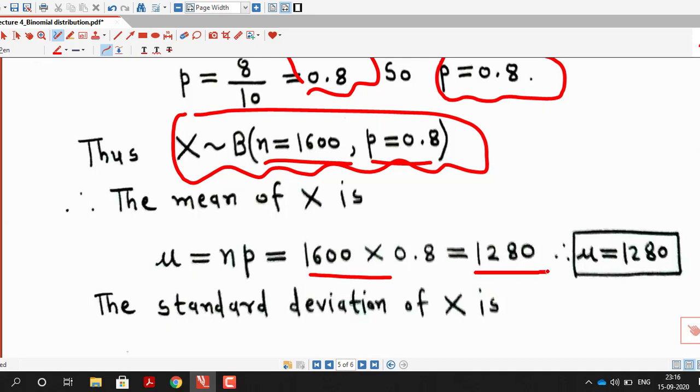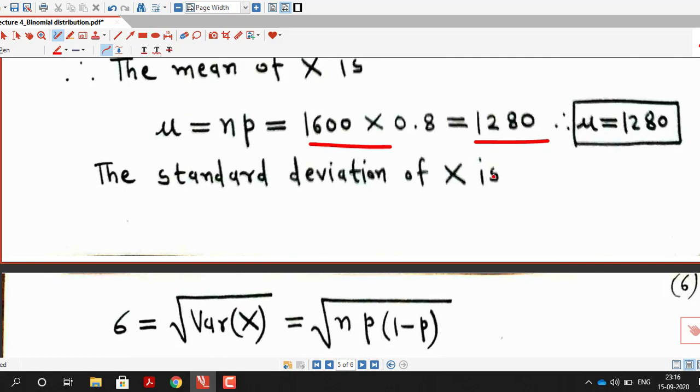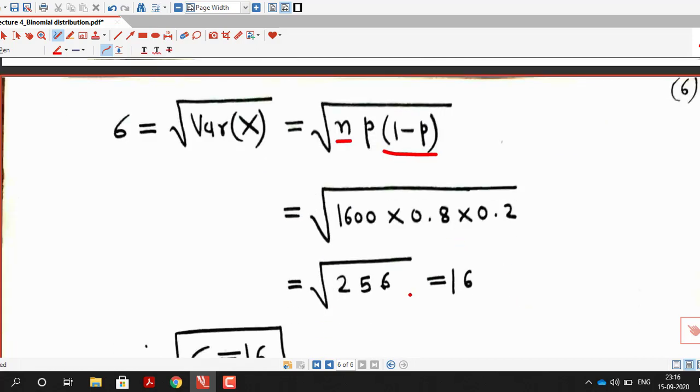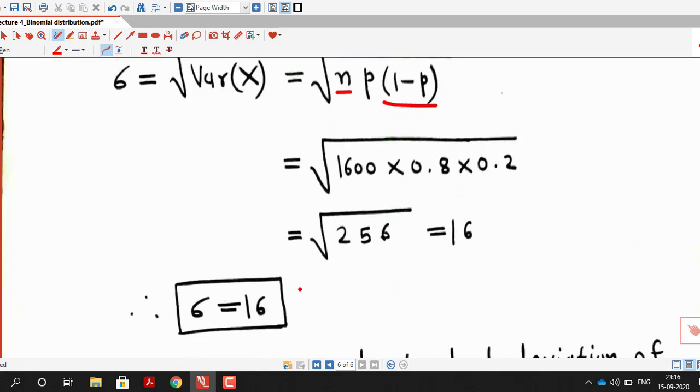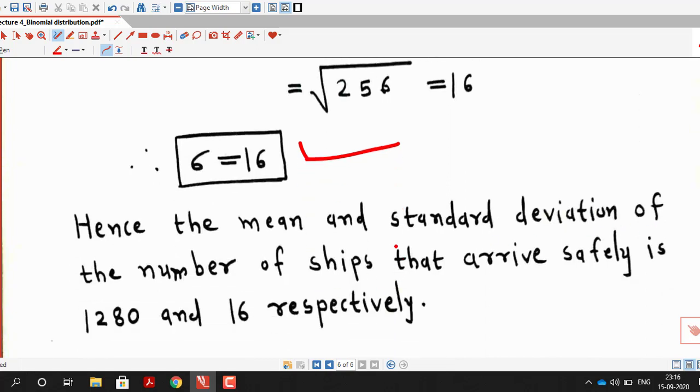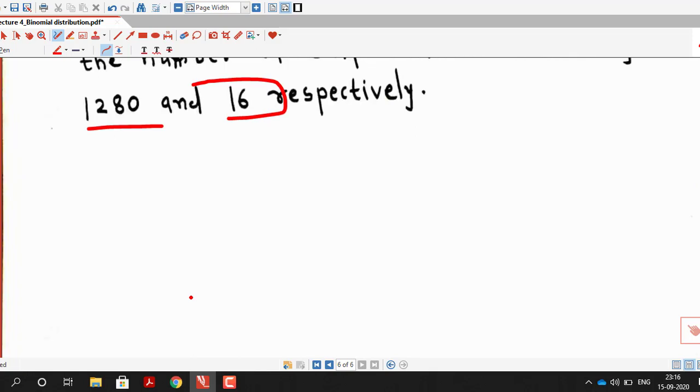So 1280. And the standard deviation of X is the square root of the variance of X. So square root of npq, that is n into p into 1 minus p. So n is 1600, p is 0.8 and 1 minus p is 0.2. So after simplification the standard deviation is 16. Hence the mean and standard deviation of the number of ships that arrive safely is 1280 and 16 respectively.